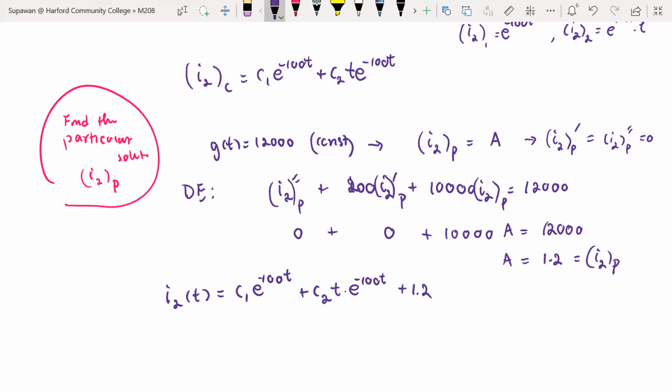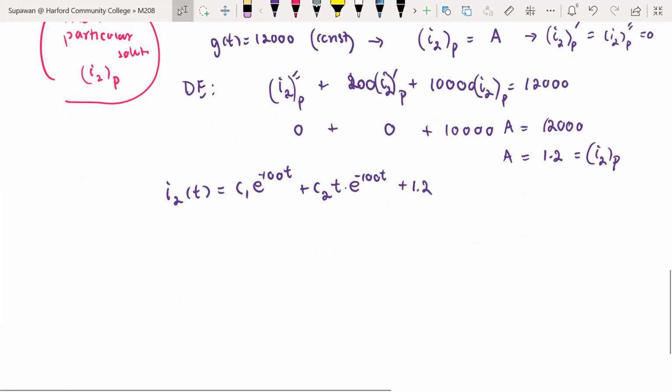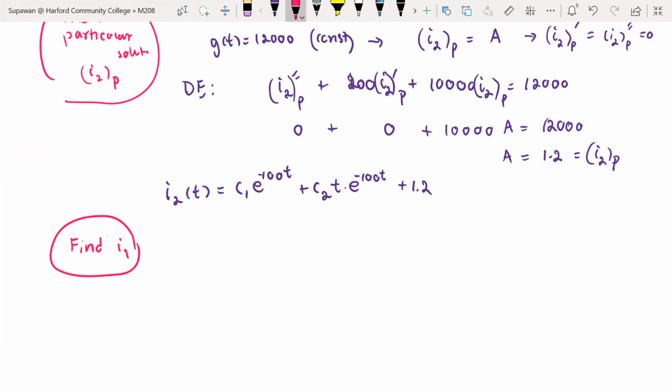Okay, and next we're going to use I2 to find the current I1, using one of the equations provided. So I'm going to use the second equation, in the form of negative 200 I1 plus the derivative of I2 plus 200 I2 equals 0.